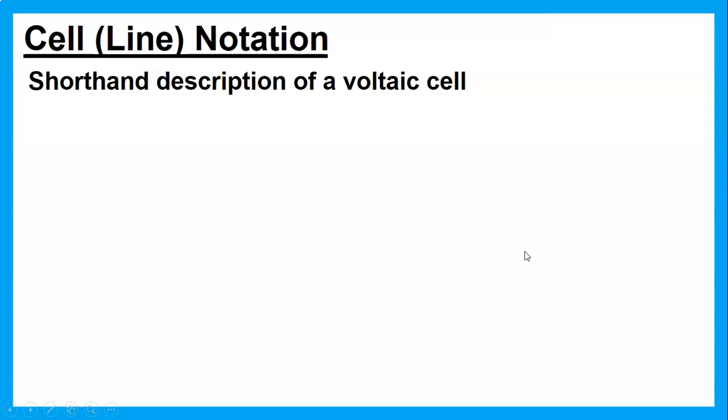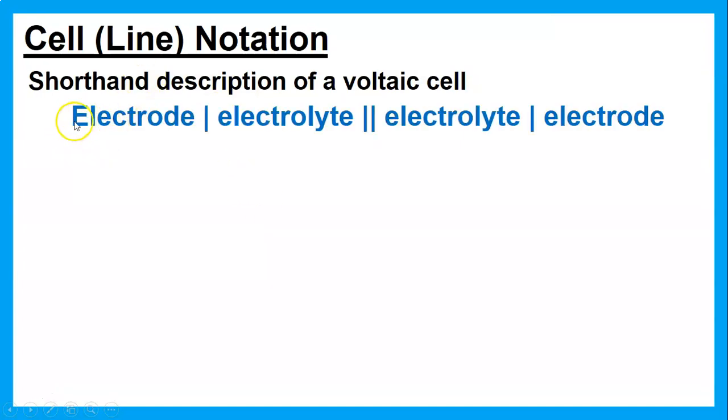It's a shorthand, okay? The way it works is you're going to write which substance is the electrode, and then you're going to put a line. You say what the electrolyte solution is in the beaker, and then you put 2 lines. The other side, you put the electrolyte, and then a line, and then the other electrode. We put the oxidation first.